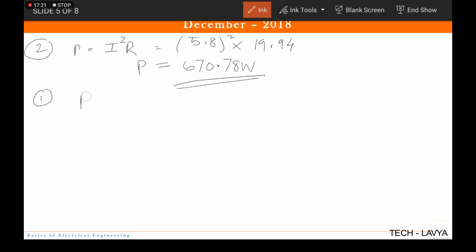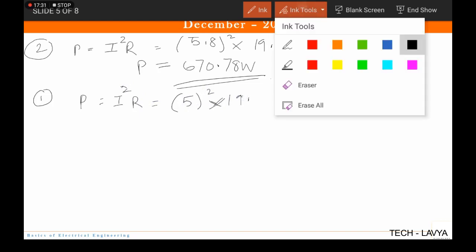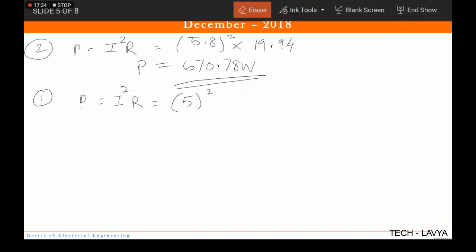If we wish to calculate the power for case number 1, it will be 5 squared into 19.94. So it is 25 into 19.94.